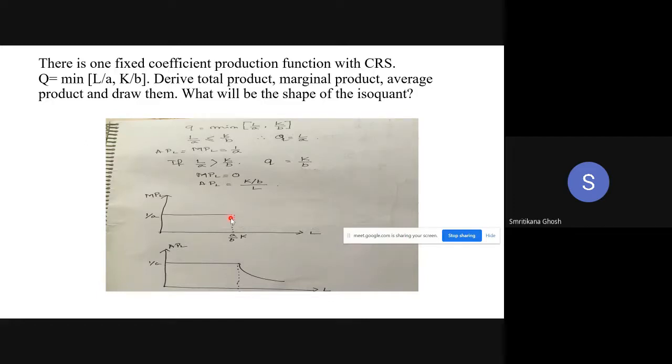Then if you have already employed a significant amount of labor so that L by A is greater than K by B, then your MPL becomes 0. And as it is 0, this is just your horizontal axis.